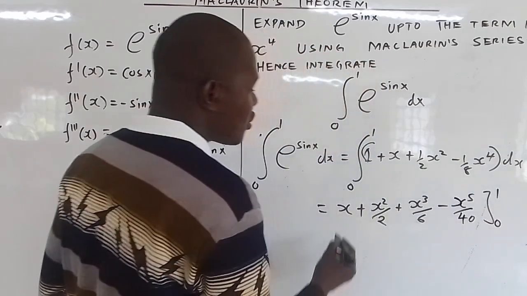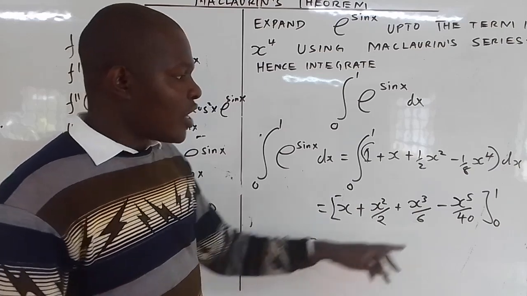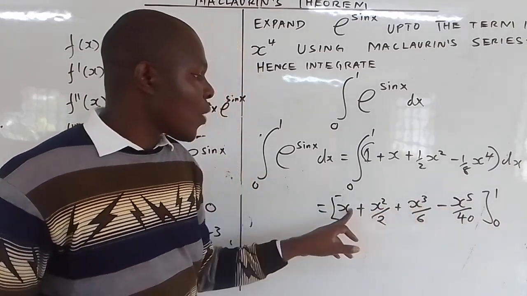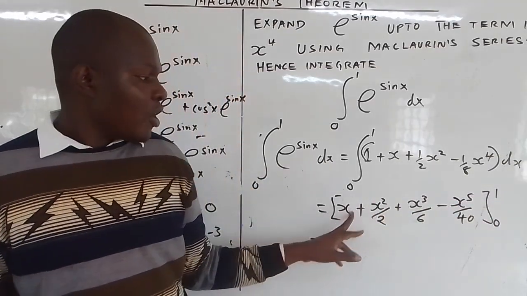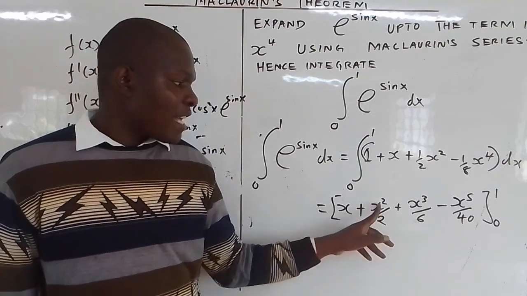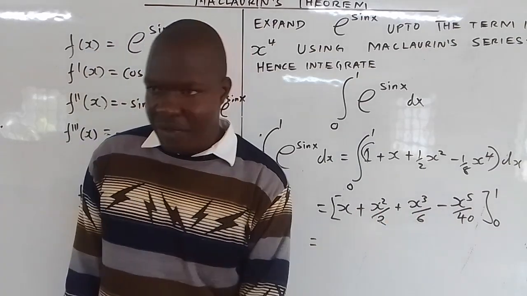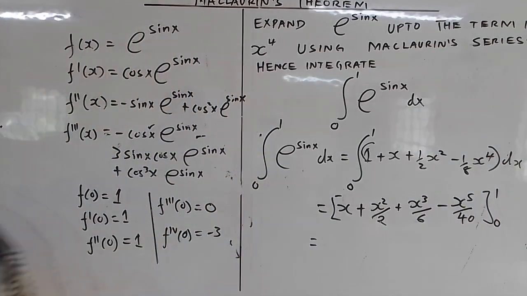Then you put your limits from 0 to 1. When you substitute the lower limit 0, the whole of that goes to 0. If you substitute the upper limit 1, 1 raised to any power is just 1. So it is 1 plus a half plus 1 over 6 minus 1 over 40.